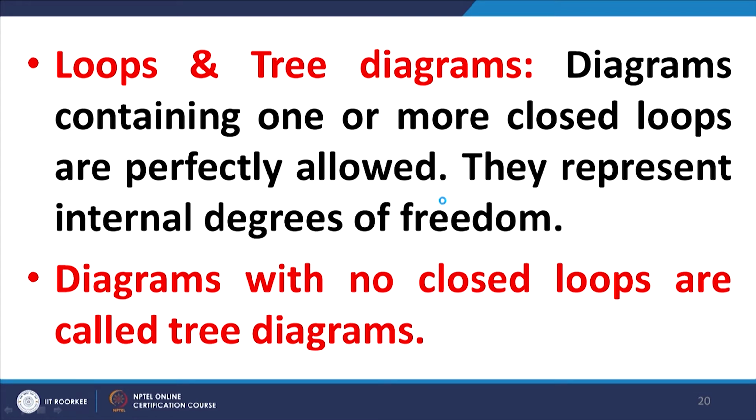We will talk about that. Now, tree diagrams are those Feynman diagrams which do not include any loops. In other words, if we take out from a set of Feynman diagrams the diagrams that contain one or more loops, the rest is a tree diagram.